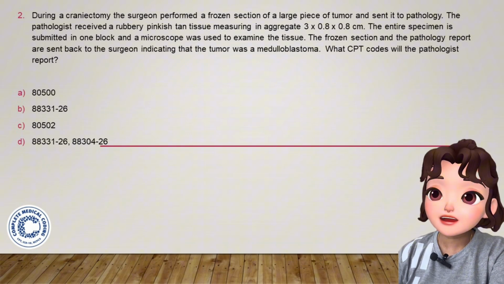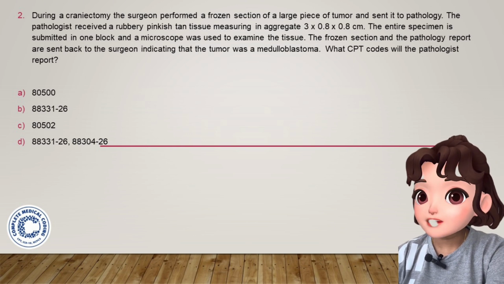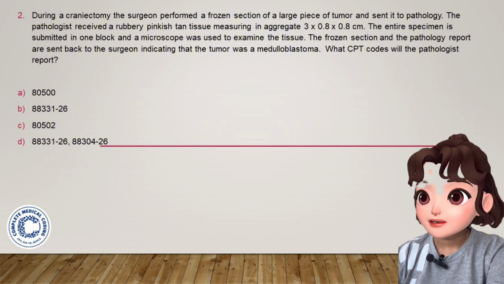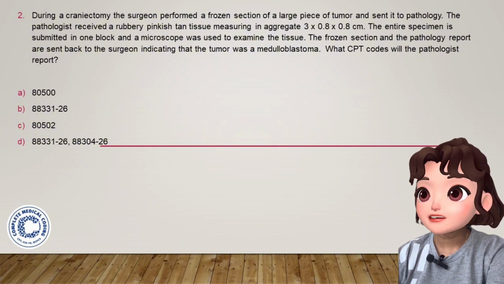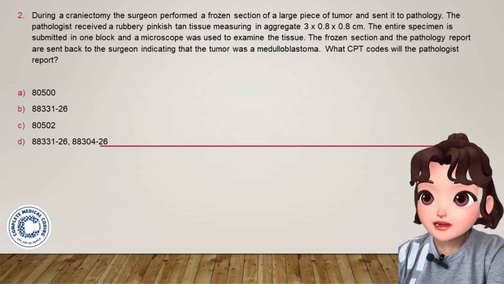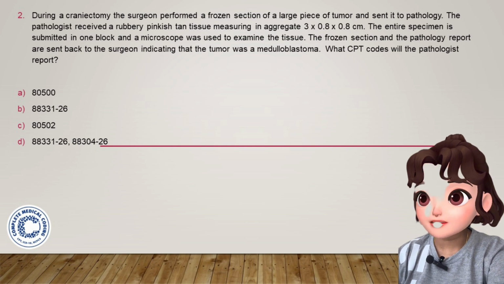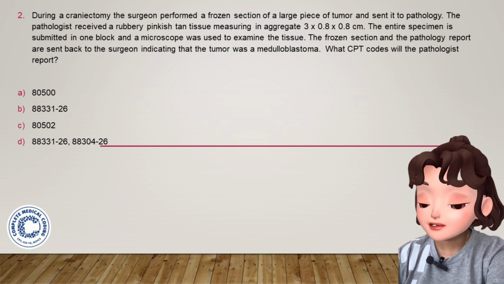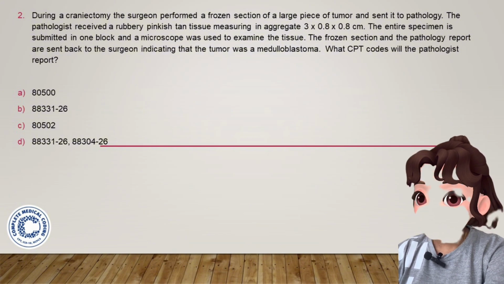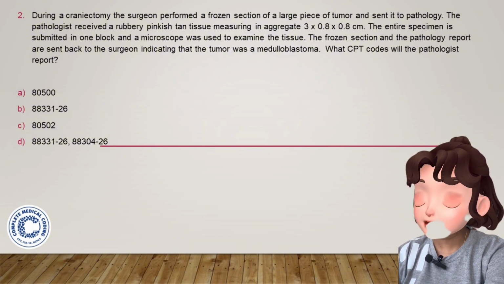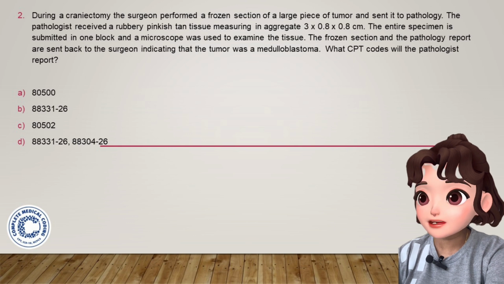What is 88331? Pathology consultation during surgery. Yes, this is pathology consultation, right? Because the surgeon has taken the sample and sent it to the pathologist. The consultation will be from the pathologist. So 88331 is first tissue block with frozen section, single specimen.